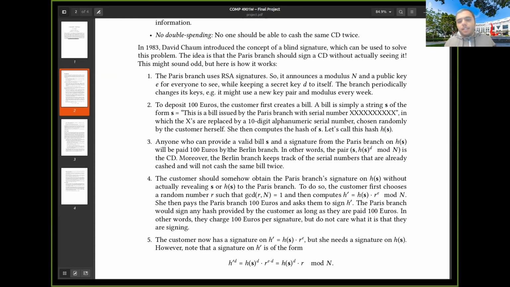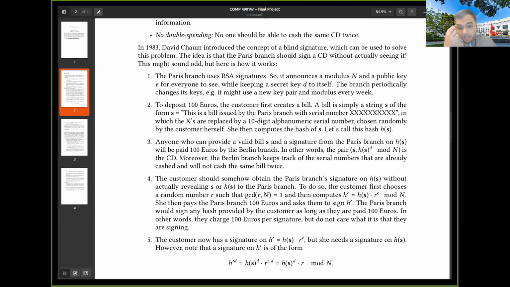But what we see here is that this is giving a really high degree of privacy to the transactions. But of course, the downside here is that we have a system that is centralized. So we have a single bank, and this bank basically gets to have a say in every single transaction, right?